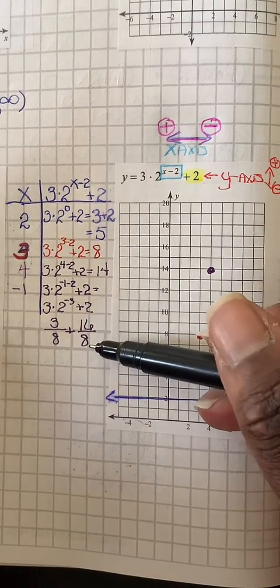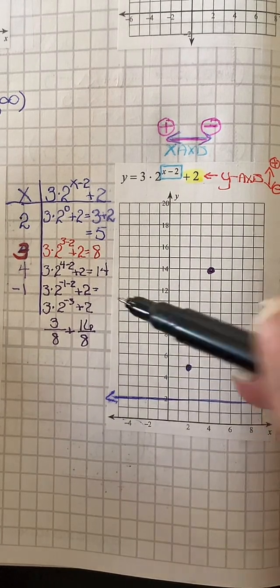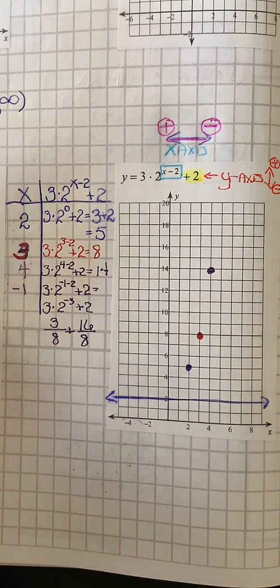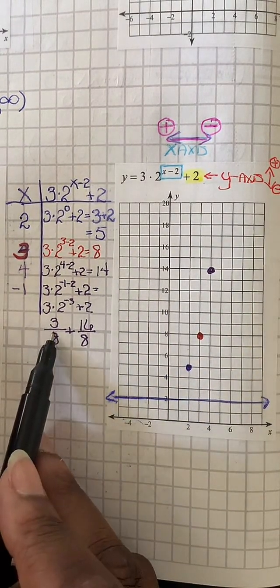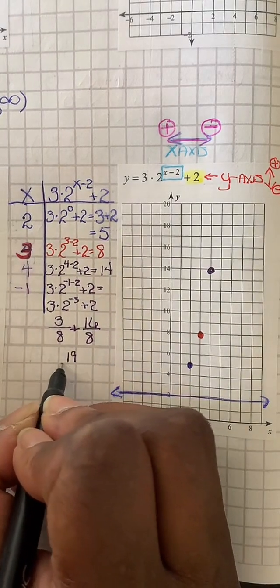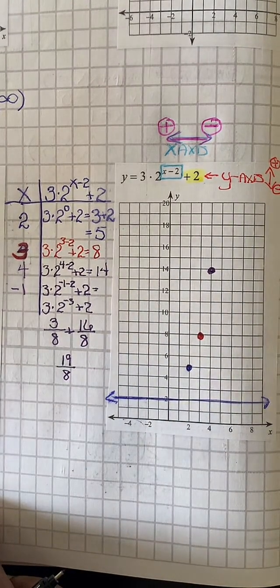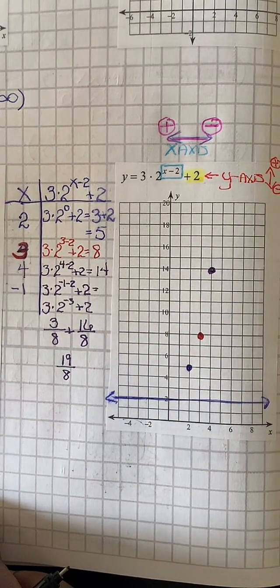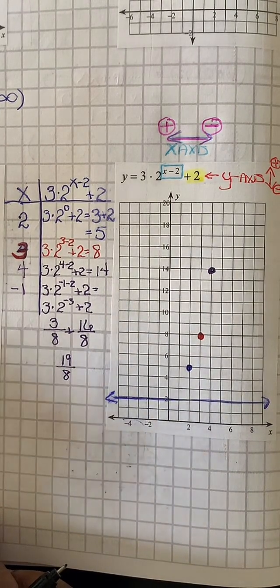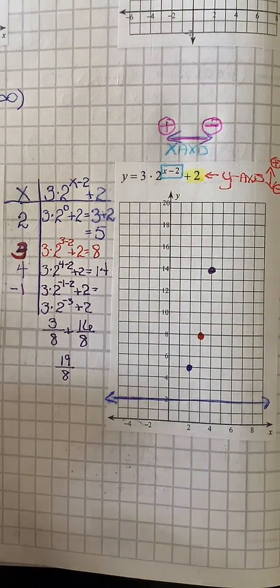Because 16 divided by 8 will give me 2. So now I have a common denominator. 3 plus 16 gives me 19. 19 over 8. So 19 divided by 8 is definitely more than 2, but less than 3.